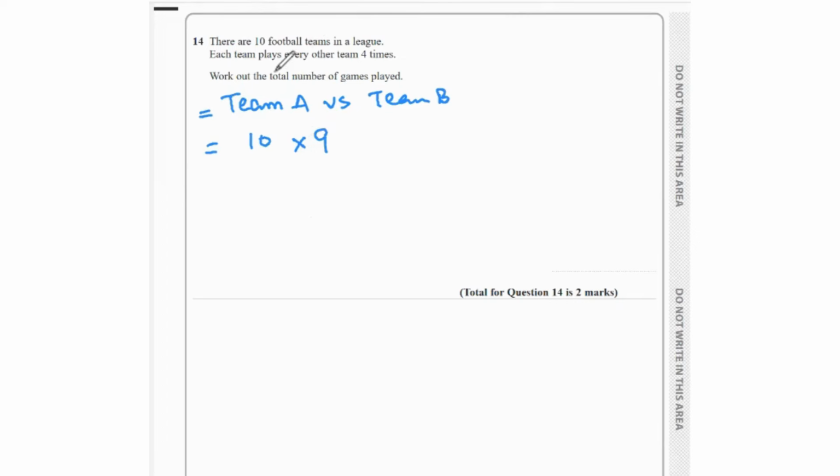And it says each team plays every other team 4 times. So since it's happening 4 times, times that by 4. But we divide this by 2 as well, because we can also say that it's team B versus team A. Like I said, it's just like probability.